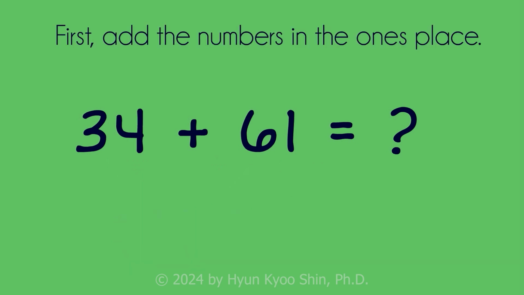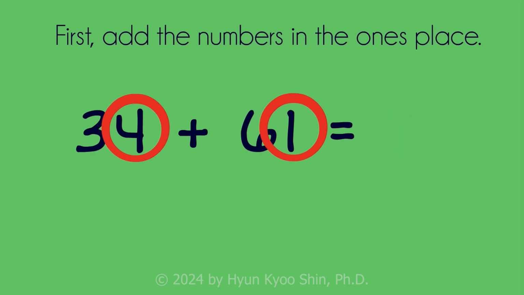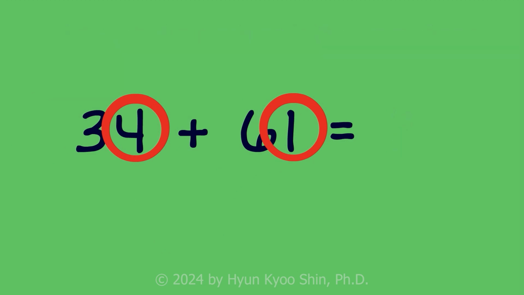First, add the numbers in the ones place. 4 and 1 are in the ones place. Let's add 4 plus 1 is equal to 5.